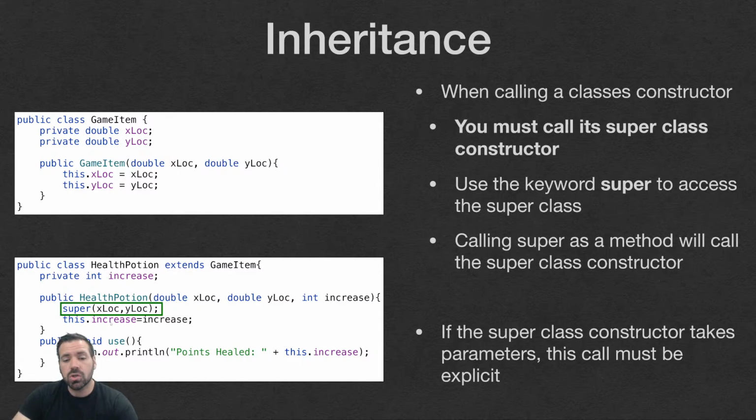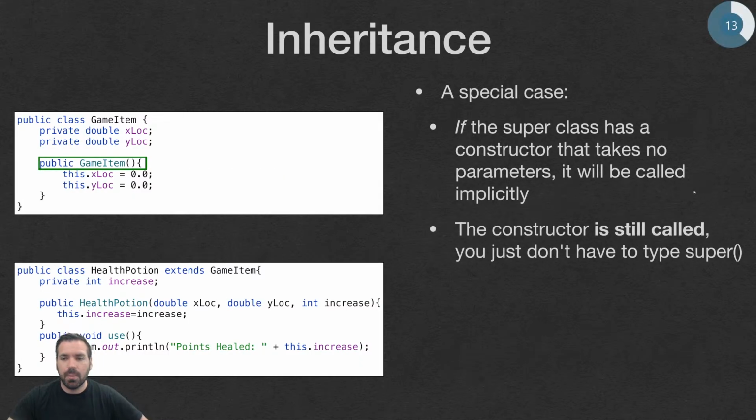So we have two constructor stack frames that go on the stack to create a single HealthPotion object. We have to call the superconstructor because that constructor is going to have to initialize its own instance variables. Java doesn't give us an option. It will be called 100% of the time.